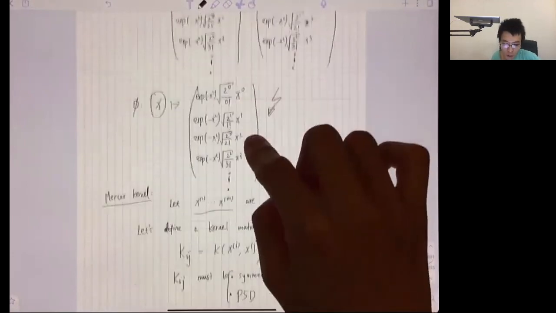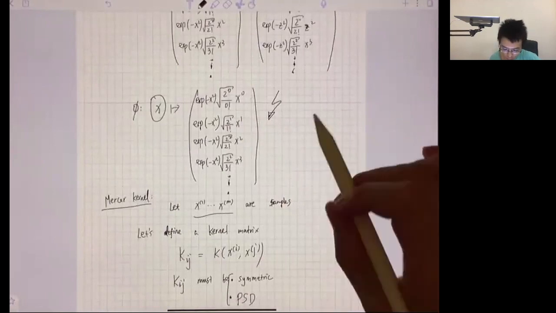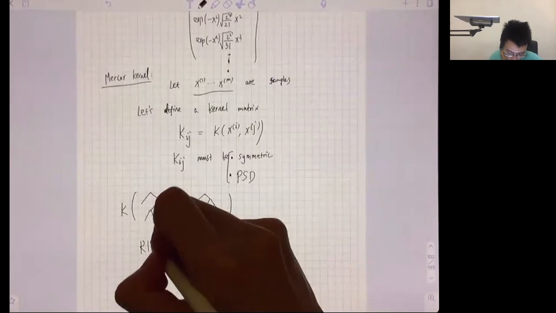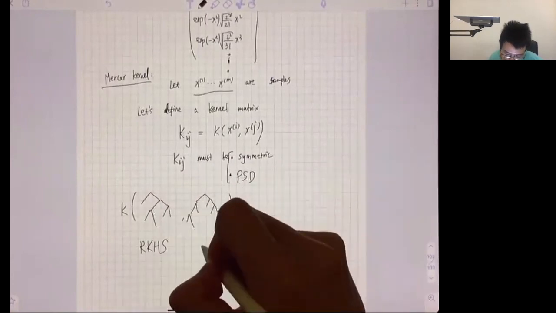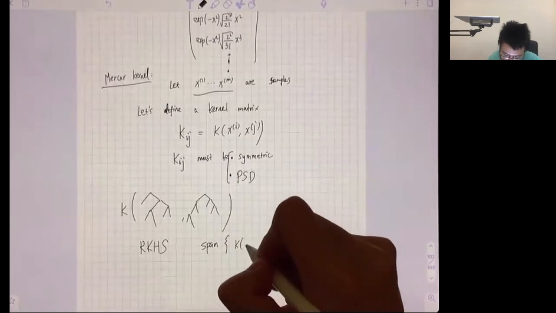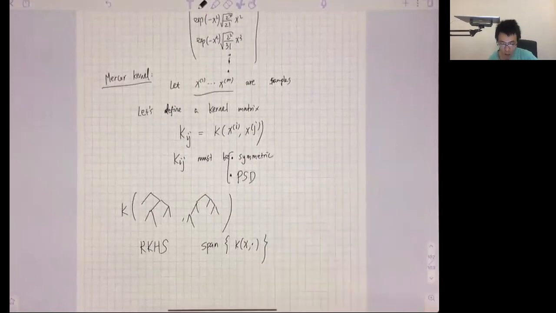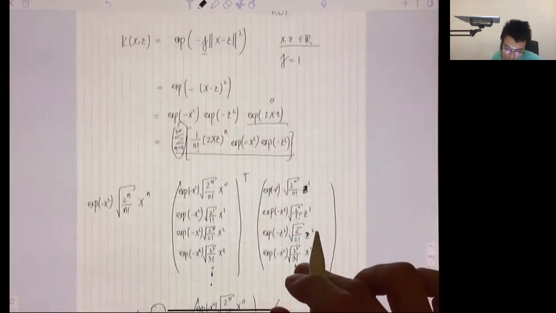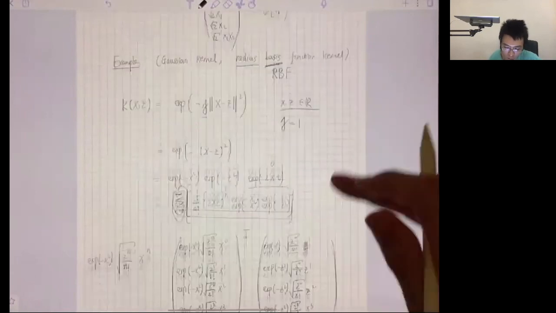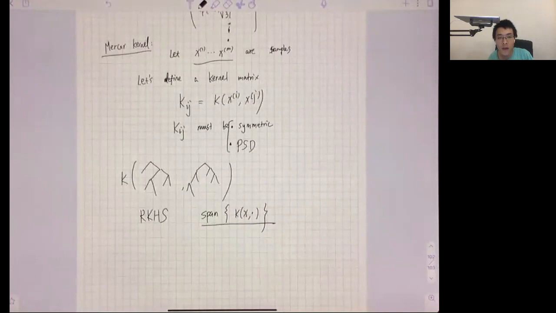For example, here I show a vector space like this, but essentially there is a principled way, which is the reproducing kernel Hilbert space, which is the span of the kernel of X, where X is your data. So that's why it's called the basis. Your training samples now become the basis, and then you are defining a functional vector space, and your kernel is the inner product in that space.